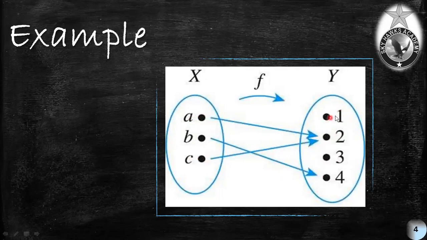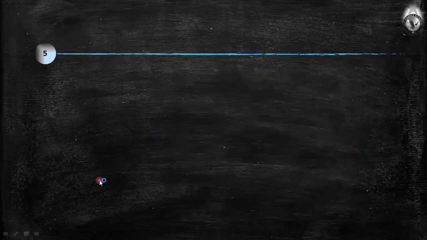Although 3 is not included, it's not the image of anyone, here we can say that each and every element of x is being projected to an element of y. That's why we can say that f is a function from x to y. Okay.